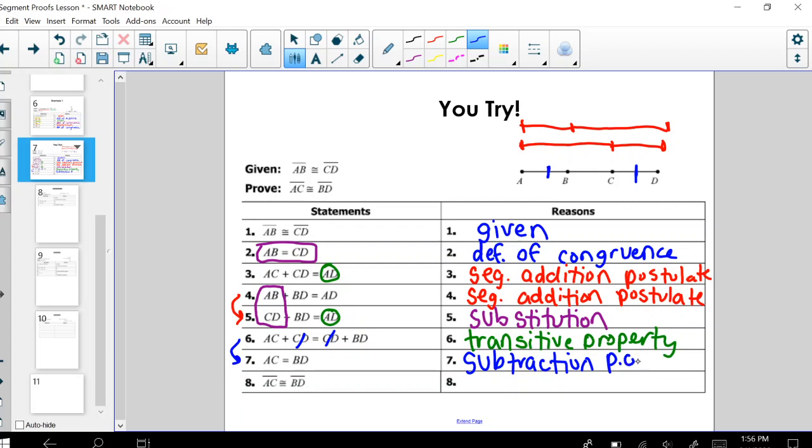And I'm going to shorten property of equality here. And so then this last step, I have that AC equals BD. So segment AC is congruent to segment BD is my definition of congruence.